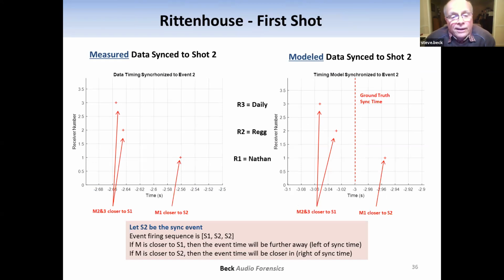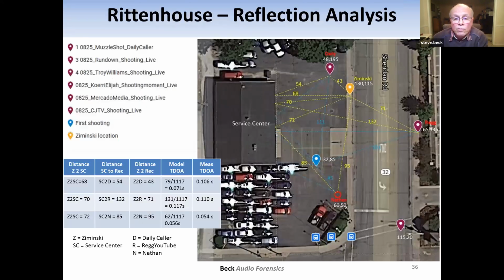So I went back and I zoomed in heavily, and it turns out that my model is actually very, very close to my measured. So that tells me that this is from a different location from the Rittenhouse shooting. So it's probably a second shooter, or I should say a different shooter at a different location. And my model is actually pretty good. So I think I know where that other shooter is.